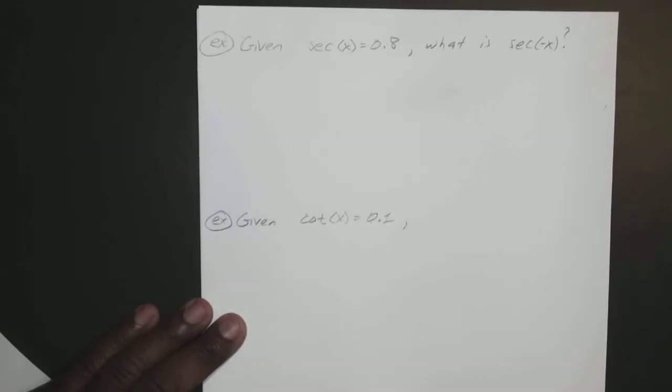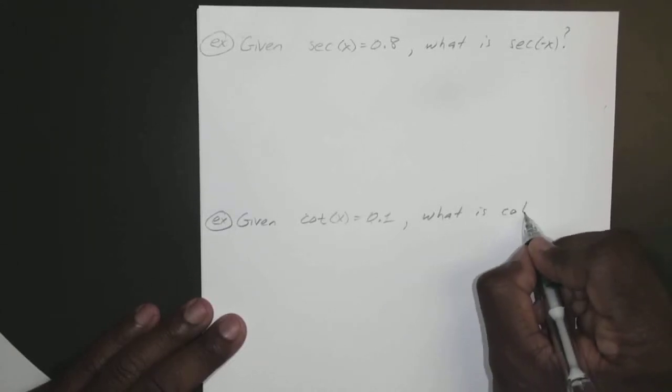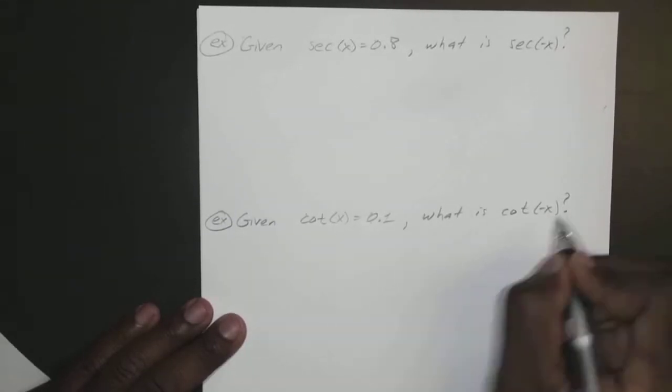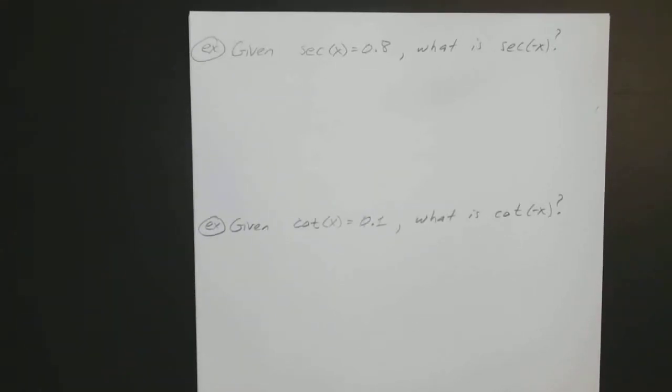So if cotangent of x is 0.1, what is cotangent of negative x? All right, I'll let you start on those two. What are the only two even ones? Secant and cosine. Yep, that's it. Which means those are the only two where the negative sign just disappears.